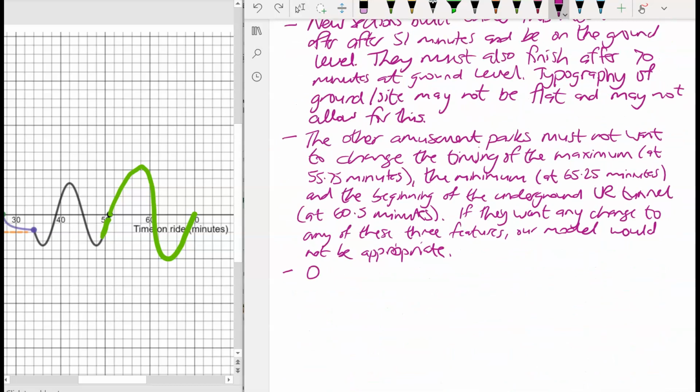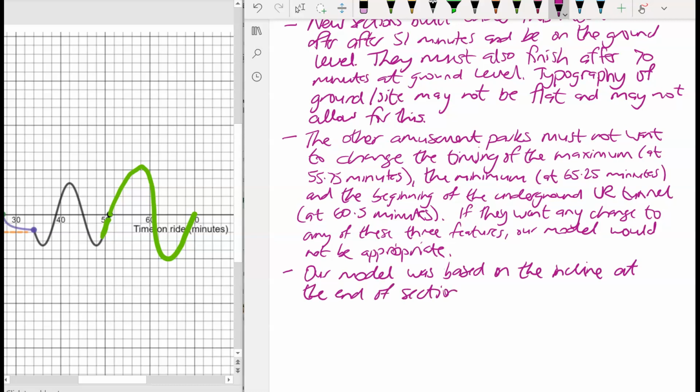So our model was based on the incline at the end of section 5, and that was the black section.